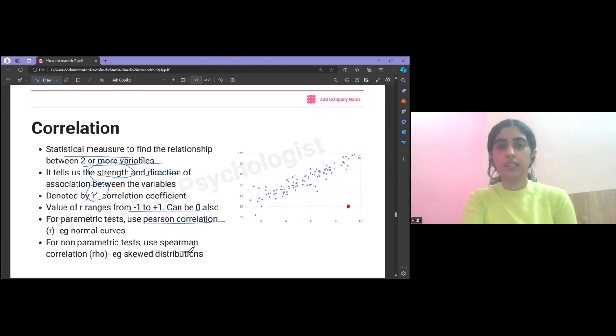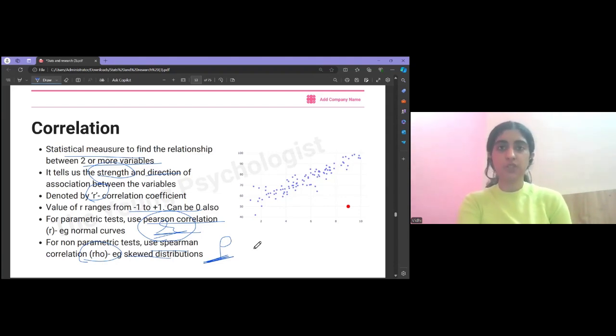When we use Pearson, the value of the correlation coefficient is R. But when we're using Spearman, it becomes rho, which is denoted by this symbol that you see on the screen. This rho is used for non-parametric or skewed distributions.